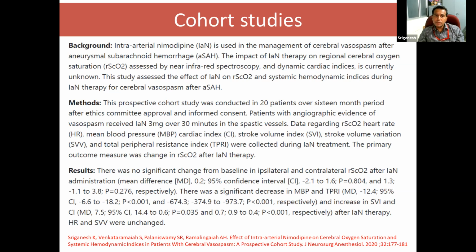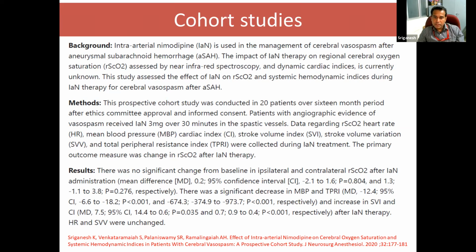Now, this is important because intra-arterial nimodipine is a common intervention performed to manage cerebral vasospasm after aneurysmal subarachnoid hemorrhage, with the hope that nimodipine causes cerebral vasodilatation and thereby improves the neurological condition of the patient. And the neurological condition of the patient improves not only because of the increase in blood flow into the critical areas of the brain, but also because of the overall improvement in the systemic hemodynamics.